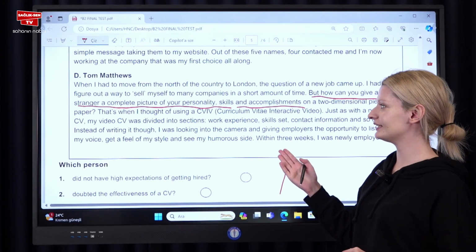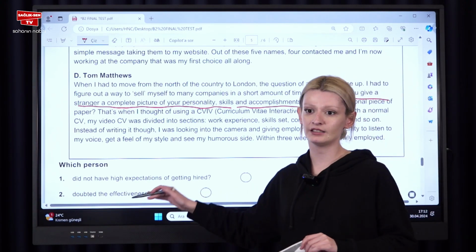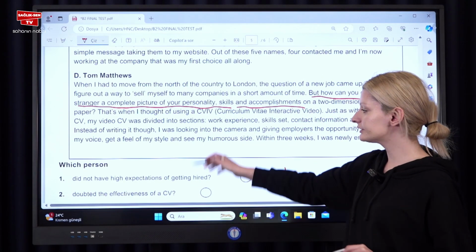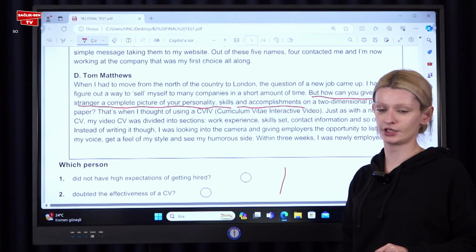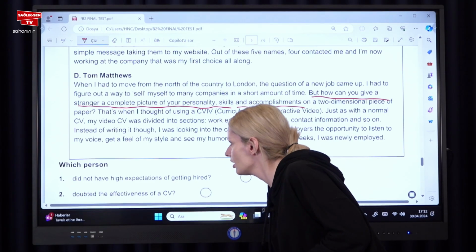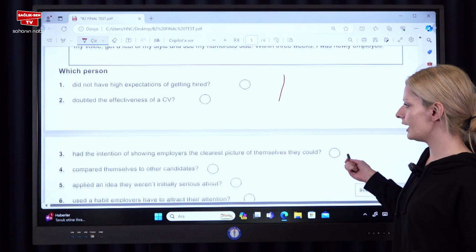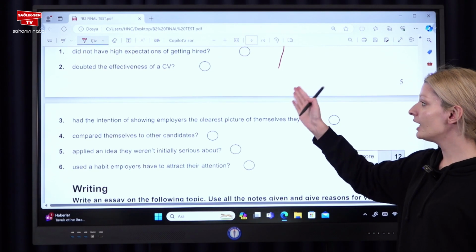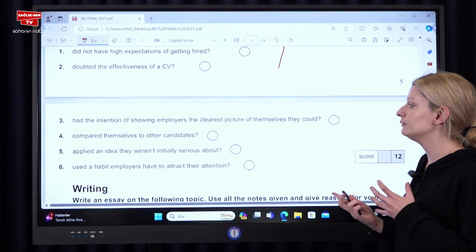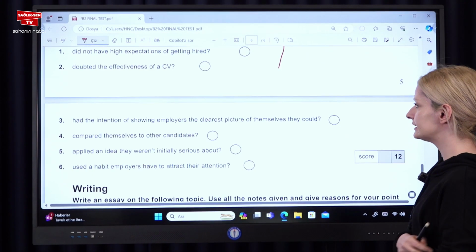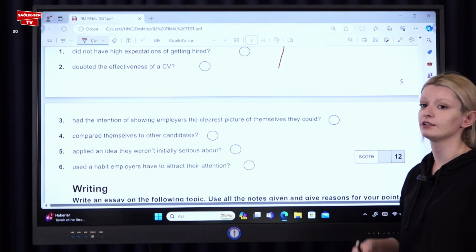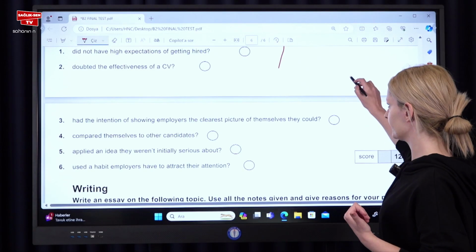So he thinks that CV is not effective enough. So our second question's answer is Tom Matthews. Let's look at question number 3. Had the intention of showing employers the clearest picture of themselves as they could.